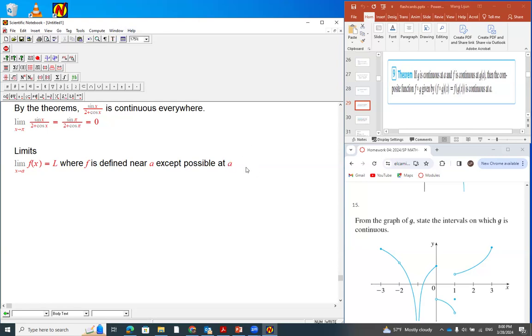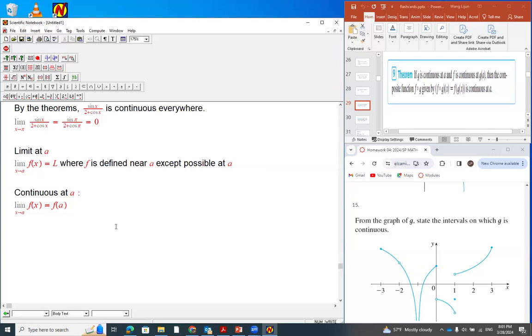We compare these two definitions. What is the definition of continuous at A? For continuity at A, we need to have 3 items: the limit exists, and it also equals f of A. So the continuity definition is stronger than the limit.